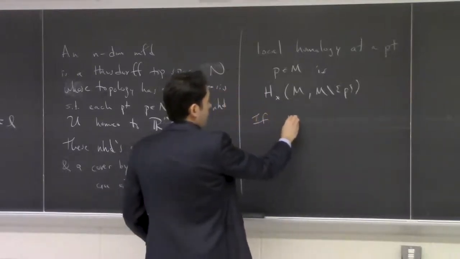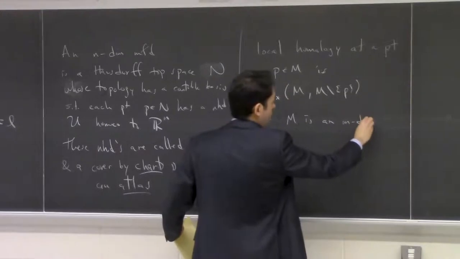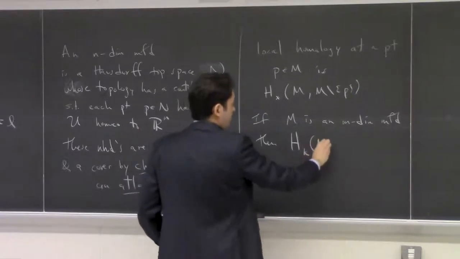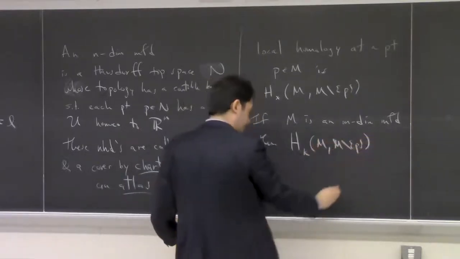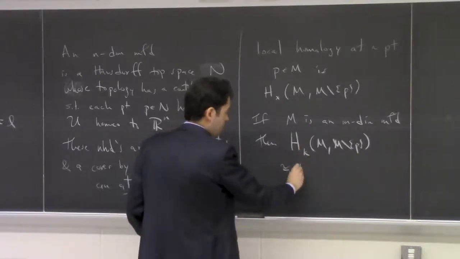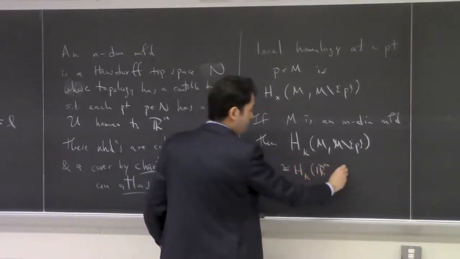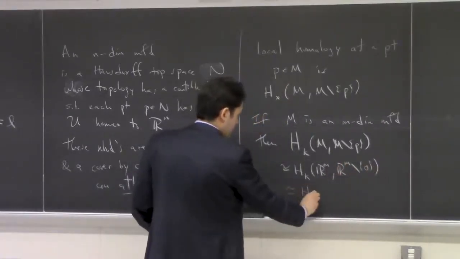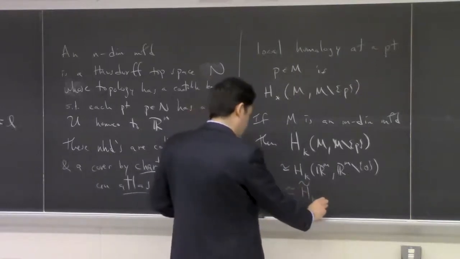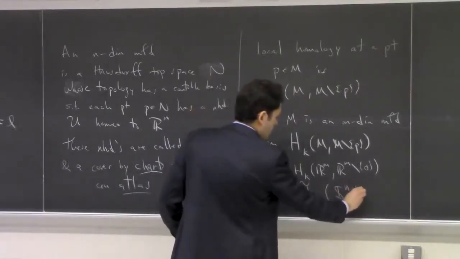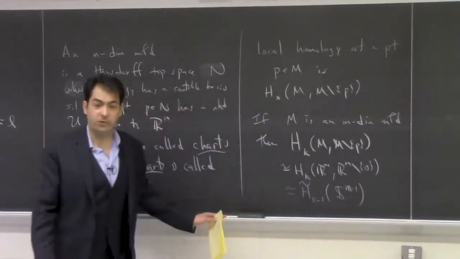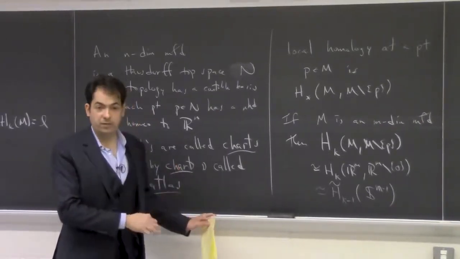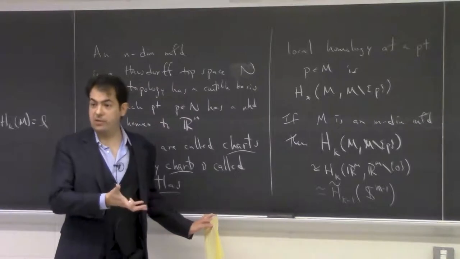So if M is an m-dimensional manifold, then this is by excision the same as this for R^m minus the origin, and that is the same as the reduced homology in 1 degree less of the sphere S^(m-1). And so it's just a copy of Z in degree m and 0 everywhere else. Right? So this picks out the dimension.